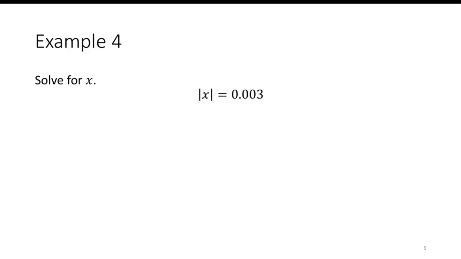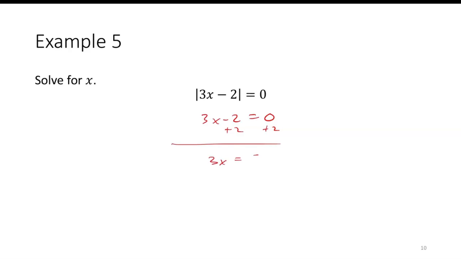Trying a couple others. If the absolute value of x is equal to 0.003, then there's really no work involved here. It's x equal to 0.003 and x equal to negative 0.003. If I have the absolute value of 3x minus 2 is equal to 0, then that means that 3x minus 2 is equal to 0. So add 2. I have 3x is equal to 2.